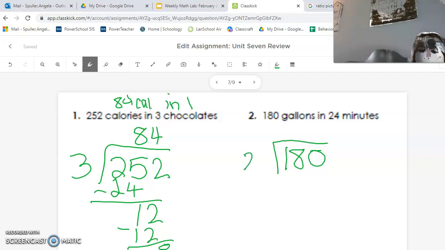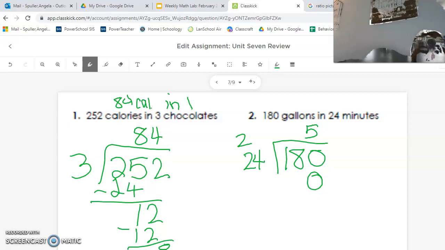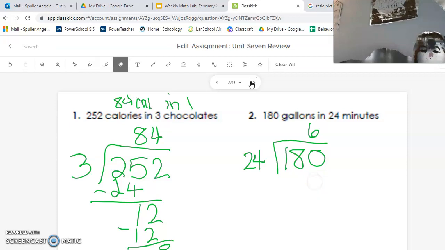Okay, so here we have 180 gallons filled in 24 minutes. Well, 24 can't go into 18, but I'm wondering if I do it times 5. Let's see, 5 times 4 is 20. Carry the 2. That gives me 10, 12. That wasn't enough. So let's try something else. Let's try 6. 6 times 4 is 24.